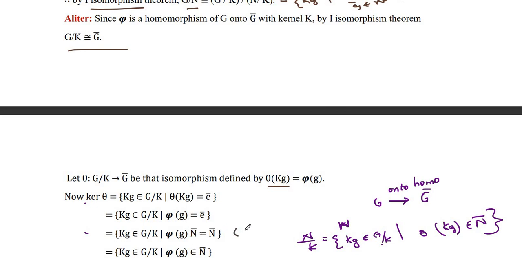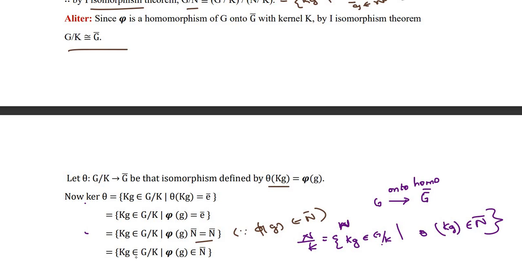So because phi of g is in N bar, we can have this step. This in turn gives phi of g to be in N bar, or even directly, e bar belongs to N bar, so directly also you can conclude.